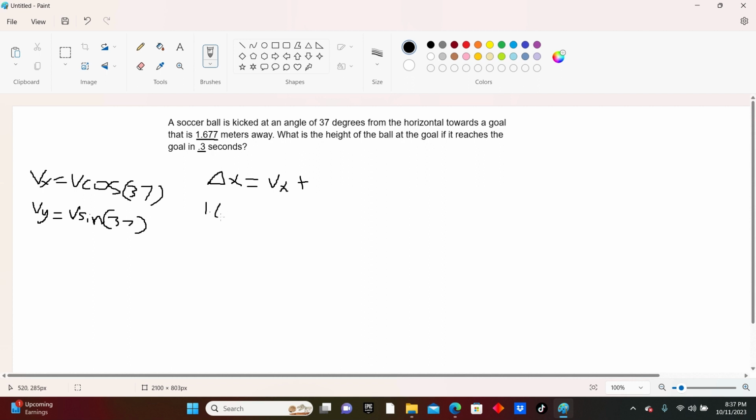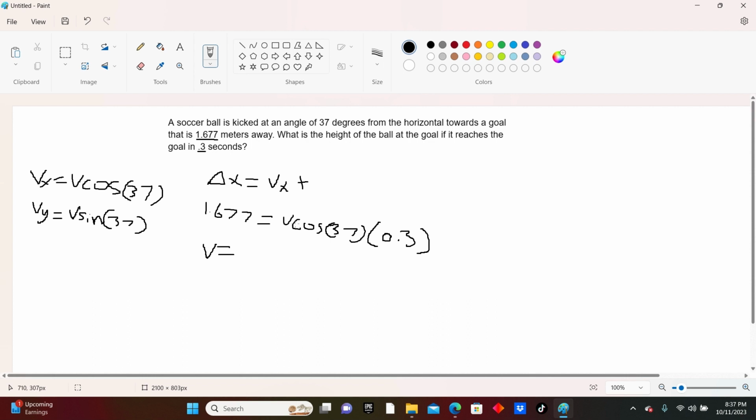So 1.677 equals v cosine 37 times 0.3. And if we solve for v, we get v equals 1.677 divided by the product of 0.3 times cosine of 37.